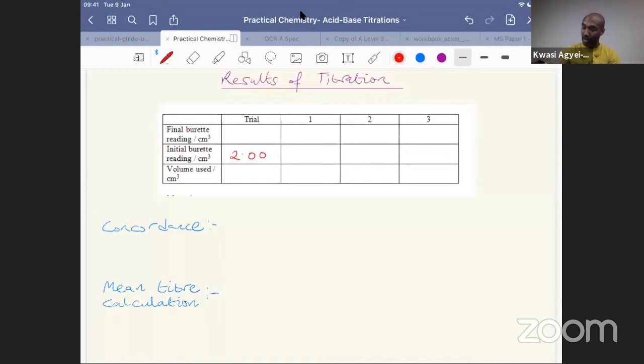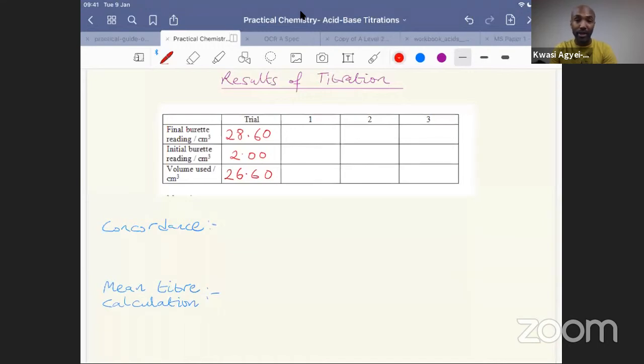So we start with our initial volume of 2.00, and let's say we have a final volume of 28.60. Okay, so our trial run has a titre volume of 26.60. Okay, so we now have an idea of what our titre volume is.